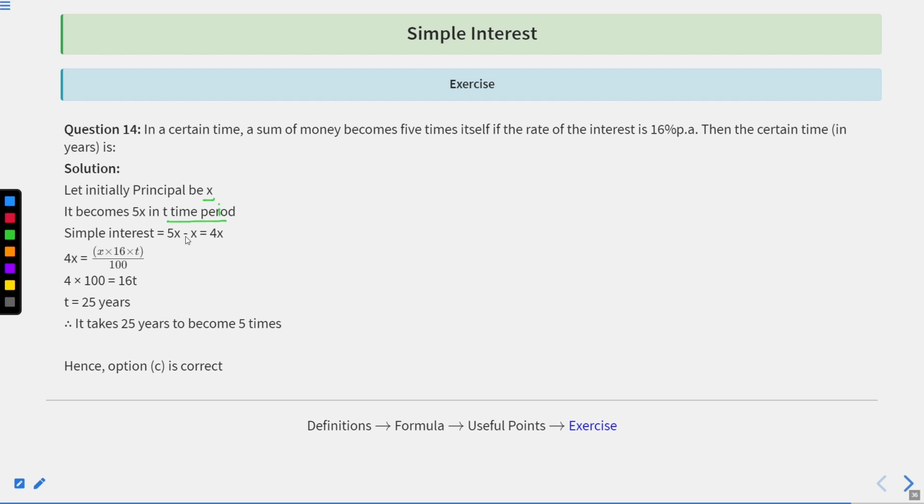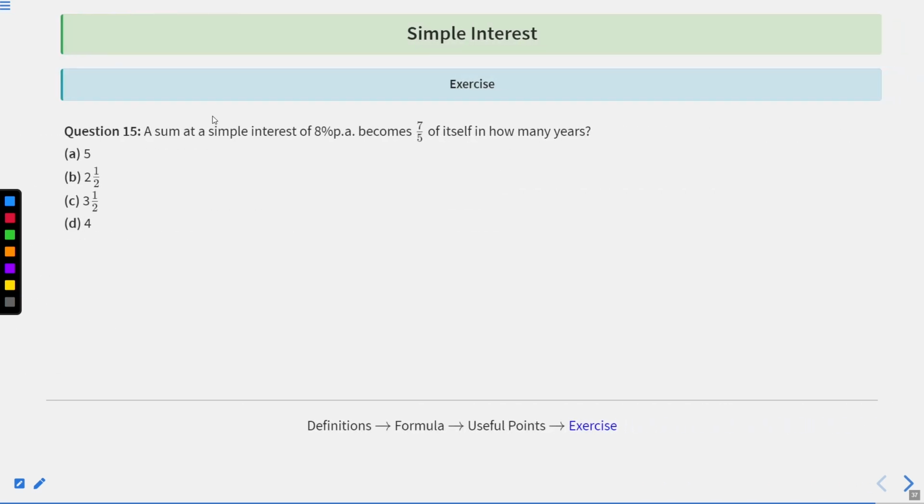So the simple interest will be 5X minus X, that is equal to 4X. So 4X is equal to X into 16 into T upon 100. That means 4 into 100 equal to 16T. That means T is equal to 25 years. And therefore, it takes 25 years to become 5 times. So the option correct here is option C.